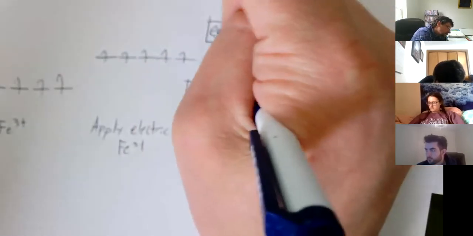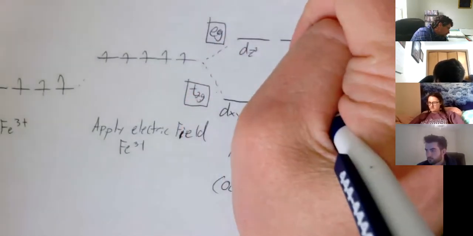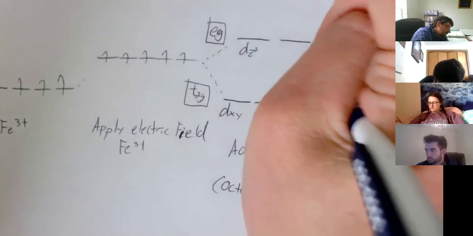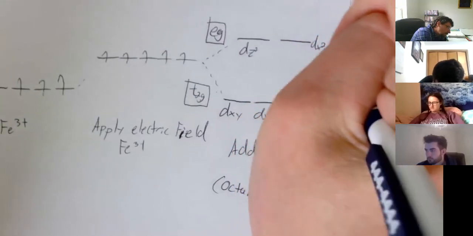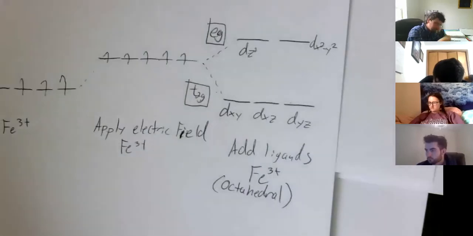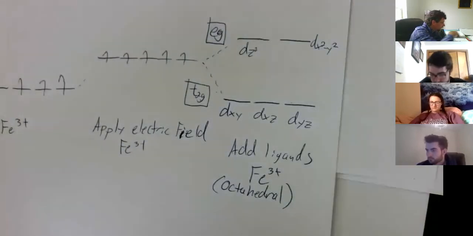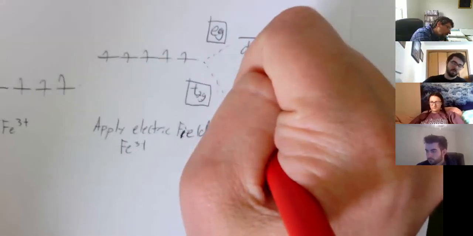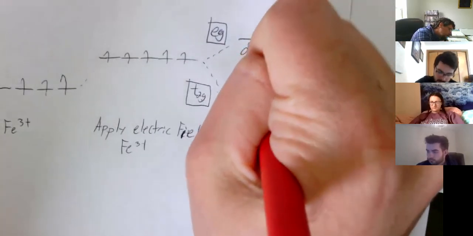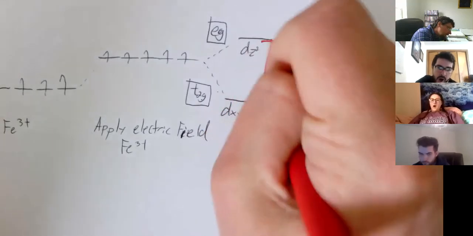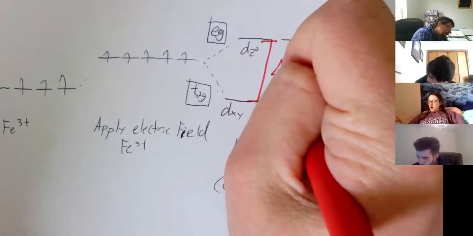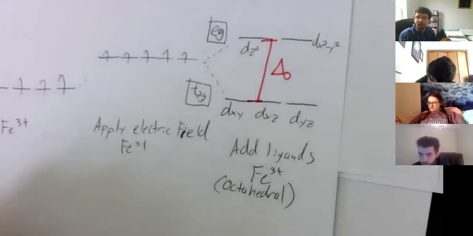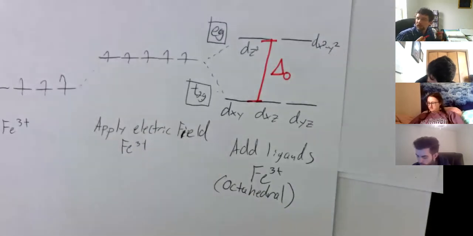And these are the dz squared and the dx squared minus y squared. The difference in energy along here is given the symbol delta O, where delta is the change and O stands for octahedral.